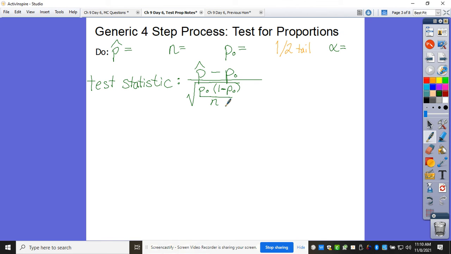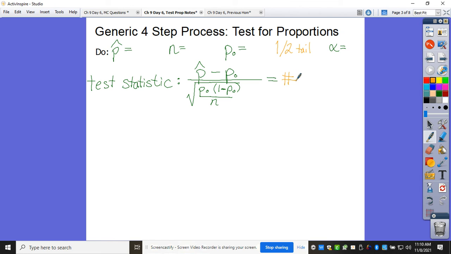Choosing to use p naught when I get to choose, in both your normal condition and this part of the equation, is the main thing where people miss this on the test. Because now that you have both, you get to make a decision. You have to know that you want to use that one.